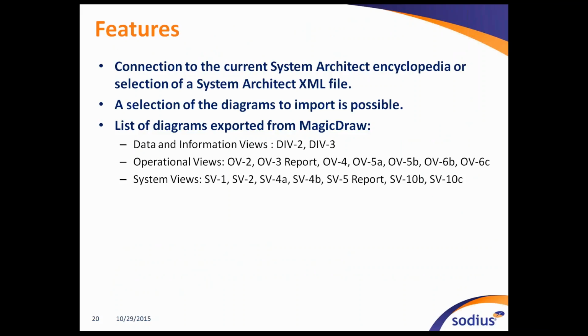The diagrams exported from MagicDraw are the data information views DIV2 and DIV3, the operational views OV2, OV3 report, OV4, OV5A, OV5B, OV6B, and OV6C. And the system views are SV1, SV2, SV4A, SV4B, SV5 report, SV10B, and SV10C.